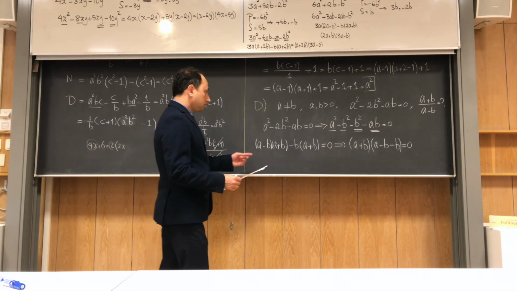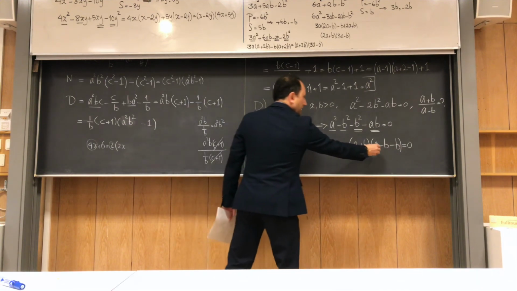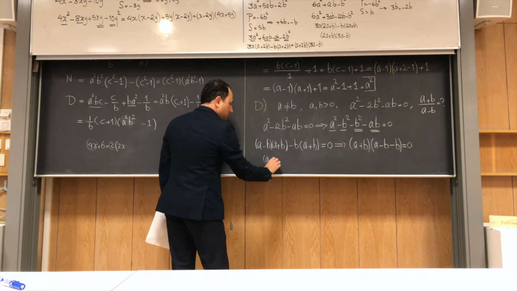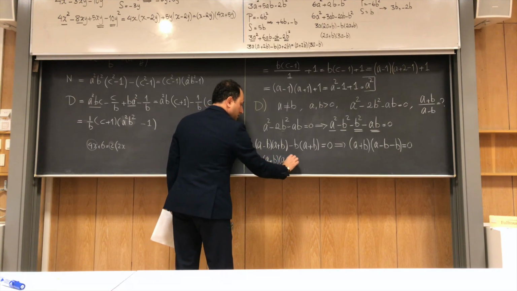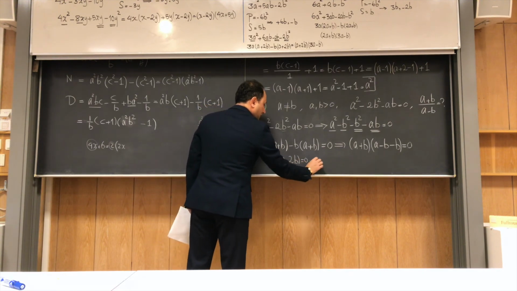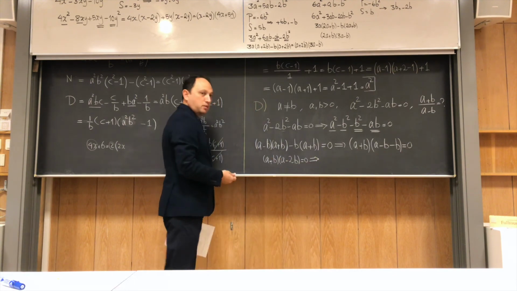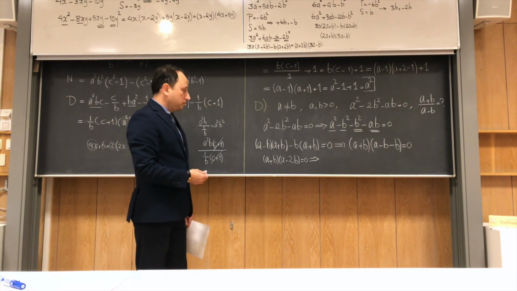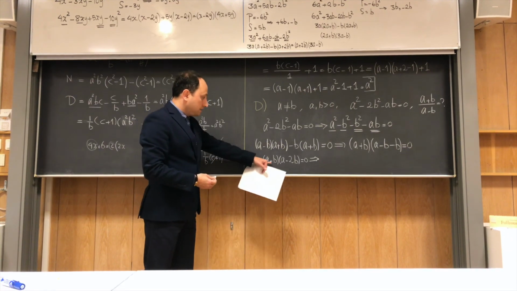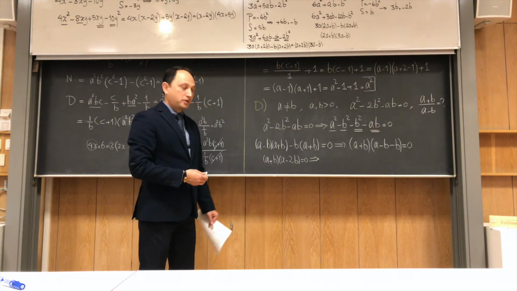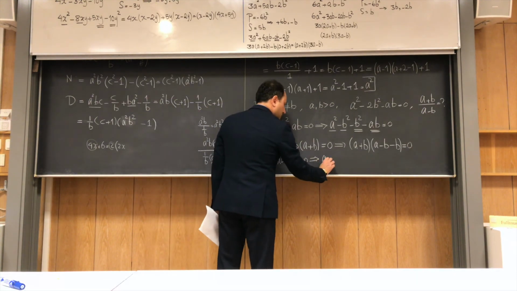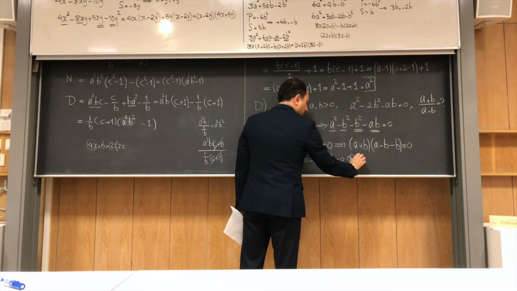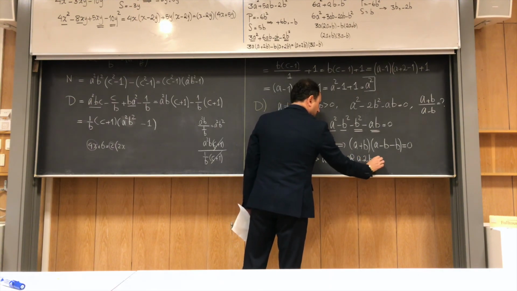Okay, everything is right. But then a minus b becomes a minus 2b. So this gives me this condition. The product of two numbers is equal to 0. So either this one is 0 or that one is 0 based on the zero product rule. So this gives me that either a plus b is 0 or a minus 2b is 0.